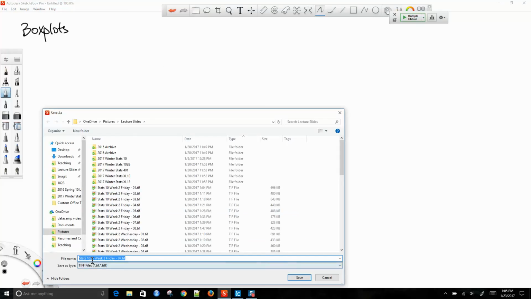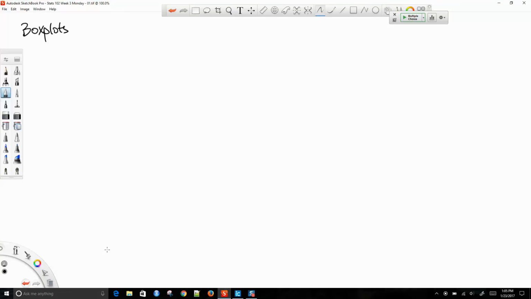Box plots are just another display for numeric data. The advantage of box plots is that they really boil down the data into just a few key points, and so they're very useful for making quick comparisons. They don't reveal that much detail, but sometimes that's what you want. You want to avoid the detail and just have a quick summary.